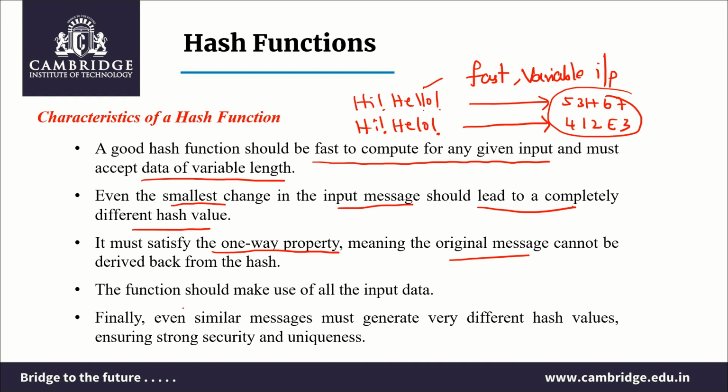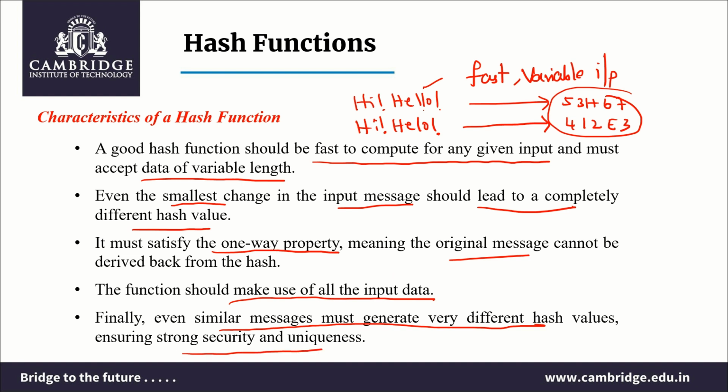The next characteristic is that the function should make use of all the input data. The complete length of the input should be taken by the function, and it should produce a hash value of fixed length. Even similar messages must generate very different hash values. This ensures stronger security and uniqueness.